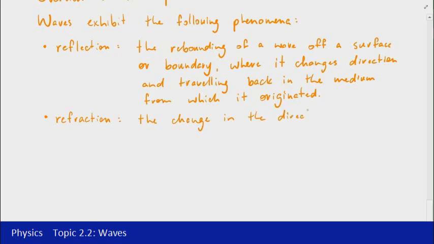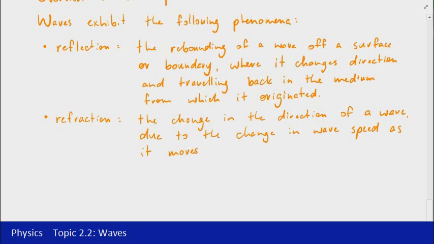The reason for that change in direction is due to the change in speed, and that's always going to be the case when we move from one medium into another. So as it moves from one medium into another.